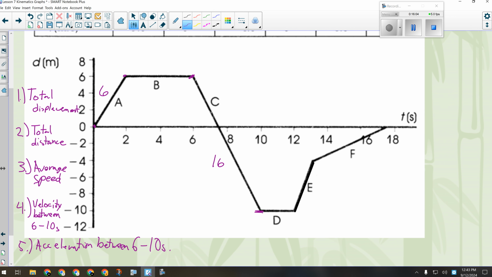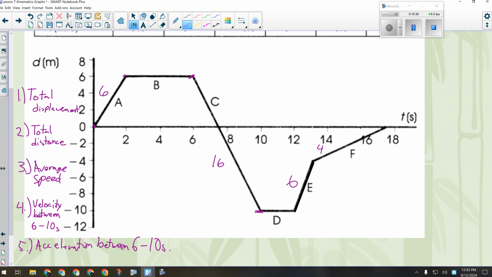My position was -10, and at the end of D, it was still -10, so that one's still a 0. In part E, I went from -10 to -4. Another 6. And how far did I go in F? Over that whole section, I went from -10 to 0, so it's 10.